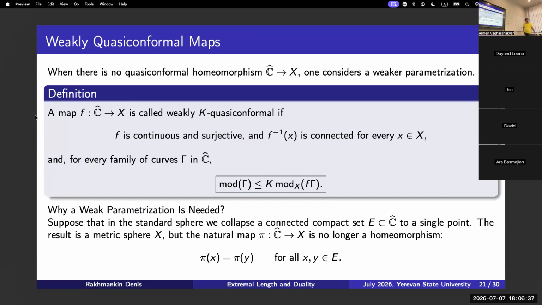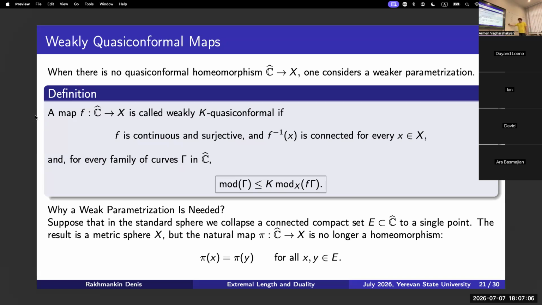But then it's continuous, right? So in this example, what is X? X is just our sphere. Well, in this example, what is the proper mathematical definition of X? What should we have to define a metric?